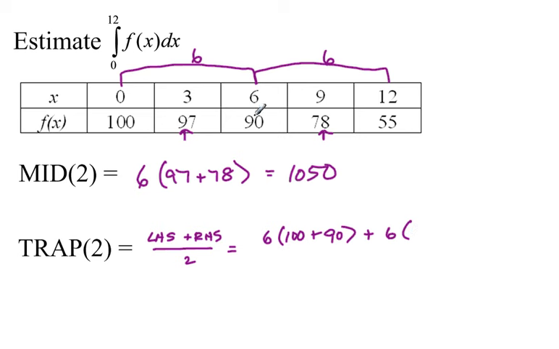Right hand on the first rectangle is going to have a height of 90. Right hand on the second rectangle will have a height of 55. And we'll put all of that over 2. And so we've got 6, 100 plus 90, and we get 1,005.